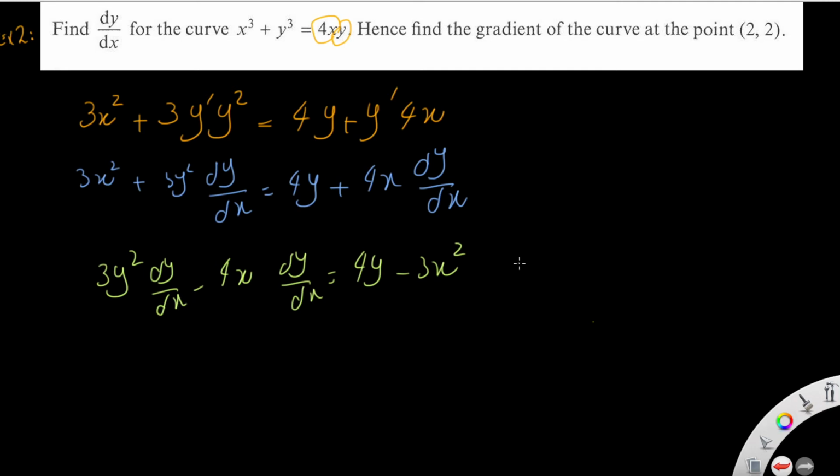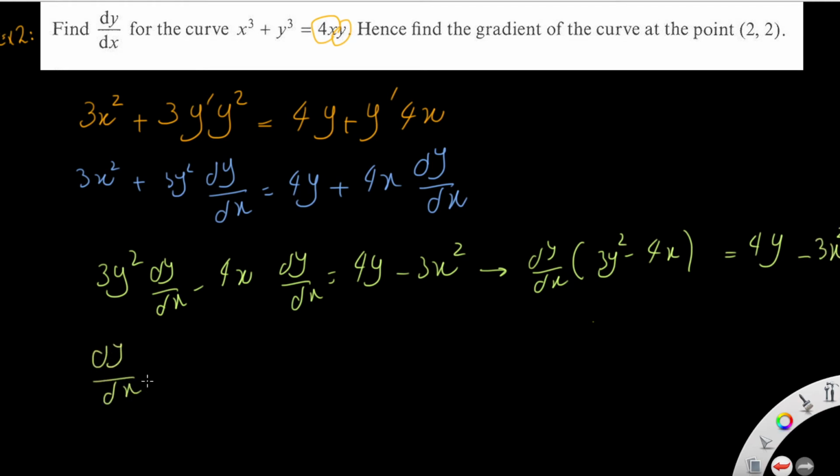So dy dx is factored here. So it will be dy dx times 3y squared minus 4x is equal to 4y minus 3x squared. So to find dy dx, I will write 4y minus 3x squared over 3y squared minus 4x.